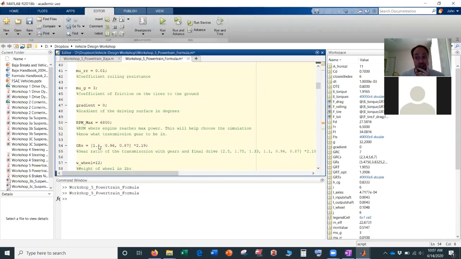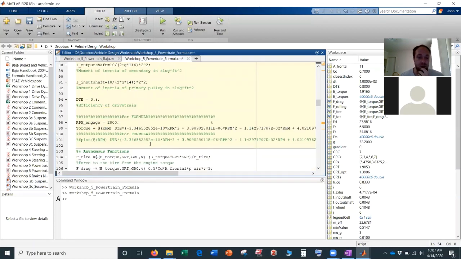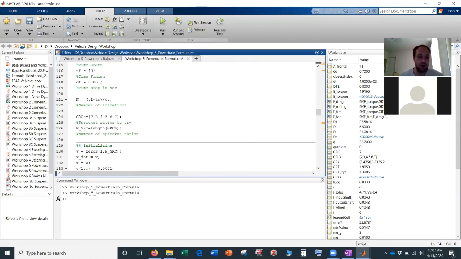If we delete these high gears, because you don't have them in your transmission, it's going to shift the best gear ratio of your sprocket to higher values, because you're going to need those higher values. I'm also going to give you some lower ones here. Hopefully this doesn't break it, to see if we can reach our top speed. I think this 0.5 will probably break it. Let's do 1.5.